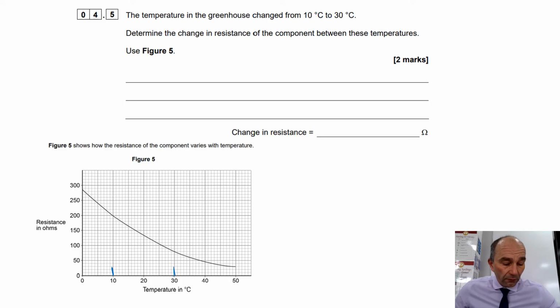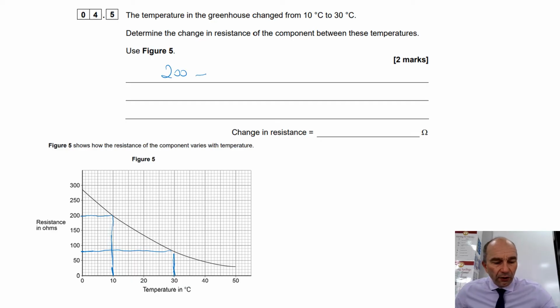So you need to get your ruler and draw a line up from 10 degrees till it hits the curve, and then draw across. So at 10 degrees our resistance was 200 ohms. Now at 30 degrees, if we draw our line up to the line, this is where you just need to read off the scale carefully. Remember, each of the little squares here is worth 10 ohms. So by my reckoning, that goes to 80.